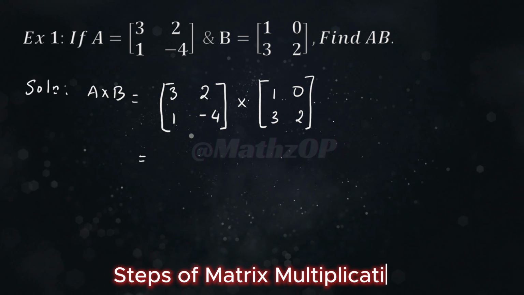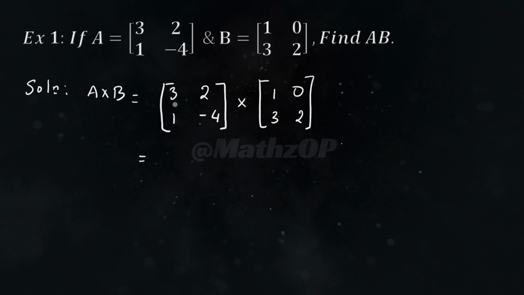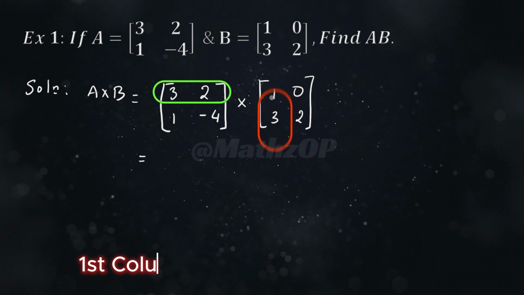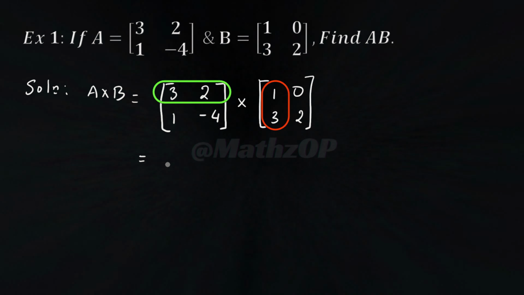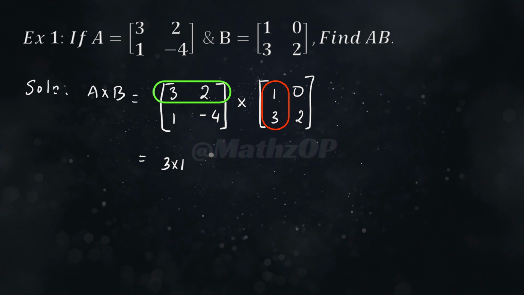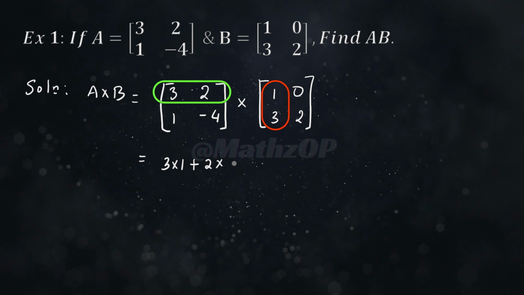Now let us see the steps of matrix multiplication. First here we will multiply first row elements with the first column elements of the second matrix. So let us see that 3 into 1 plus 2 into 3.